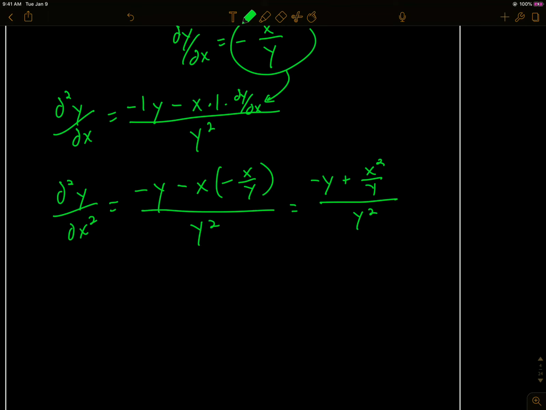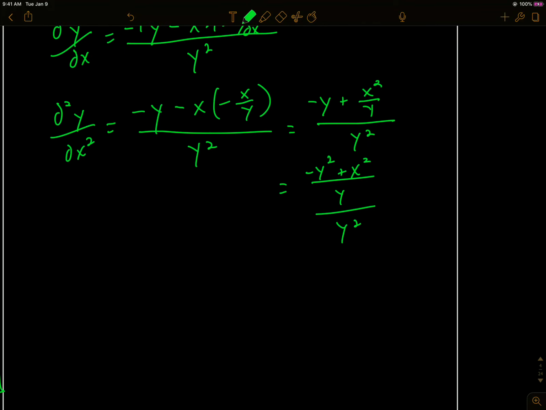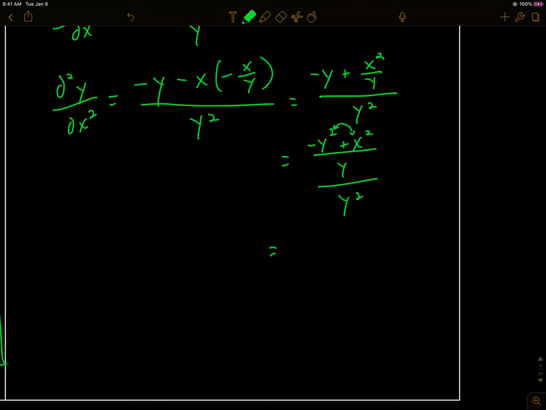I get a common denominator here of y in the numerator. So it's going to be an x squared, and over on this side a minus y squared. So then I can rewrite these. I can flip them around, so it's x squared minus y squared. So I'm going to get x squared minus y squared all over y cubed.